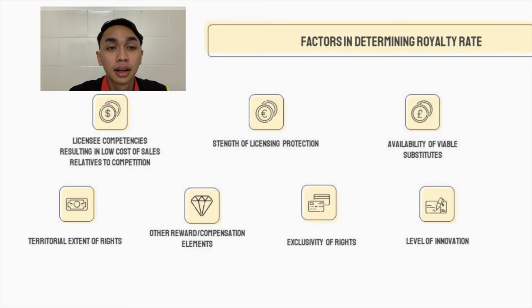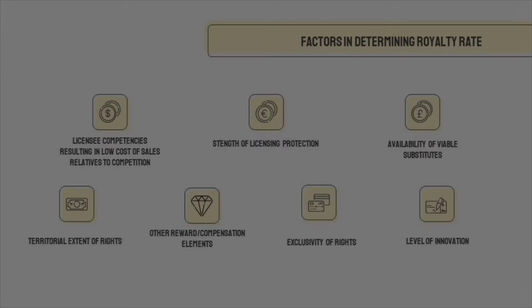It means what exclusive rights the licensee can give to the product of the licensor, so that the licensor can determine the royalty rates. The seventh one is the level of innovation, where the royalty rates will be determined by the level of innovation of the product.